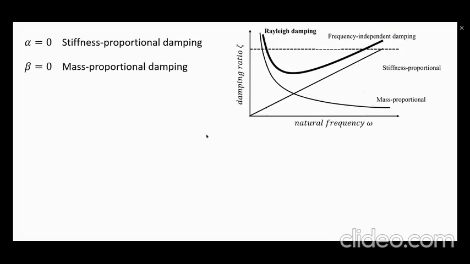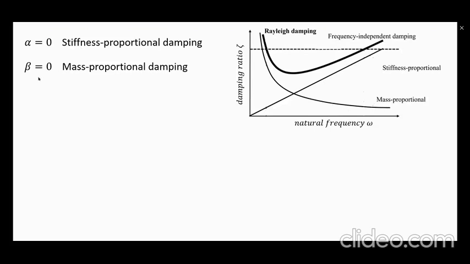On the other hand, when beta is equal to 0, then that linearity goes away and you're going to have zeta equal to alpha times 1 over 2 omega. Now, I don't want to go back to the previous slide, but if you do that, you're going to get a hyperbola like this. So this corresponds to where beta is 0.